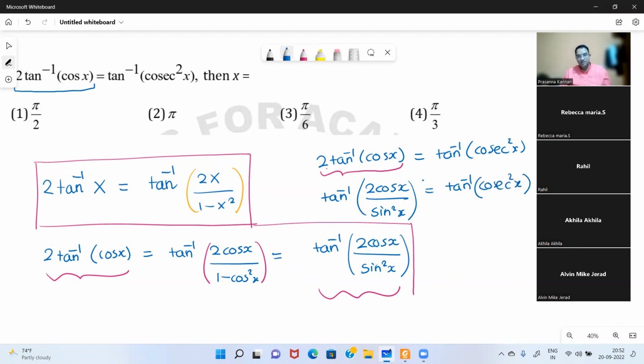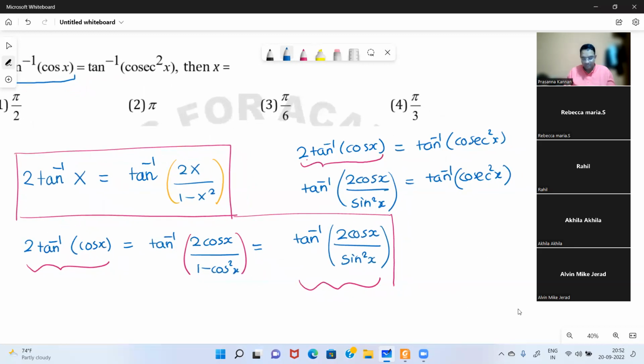So now, if you take tan on both sides, you will simply get 2 cos x by sine square x equal to cosec square x. So 2 cos x will be equal to, I'll take this sine square x to this side, sine square x into cosec square x.